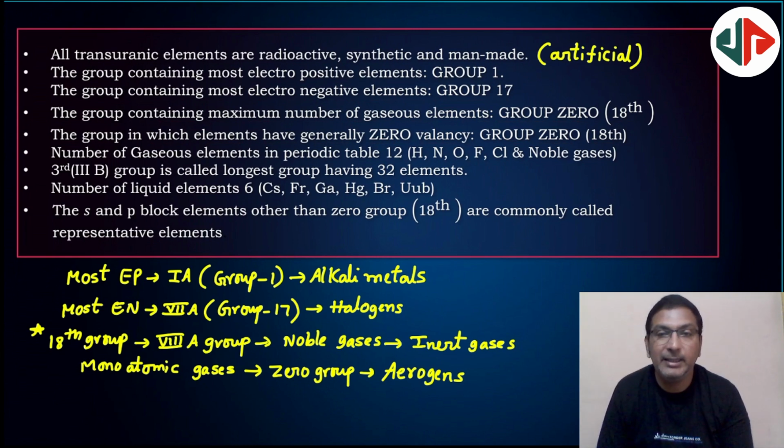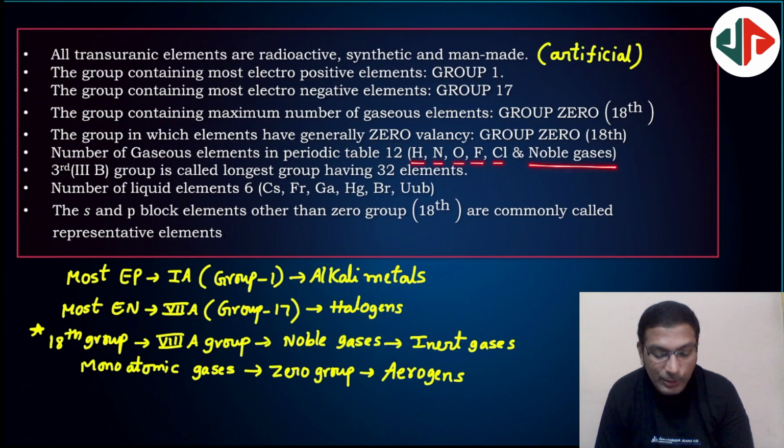Valency 0 for 18th group is due to completely filled subshells ns and np, octet configuration. Next. Number of gaseous elements in the periodic table: 12. This is also important. Hydrogen, nitrogen, oxygen, chlorine and noble gases.